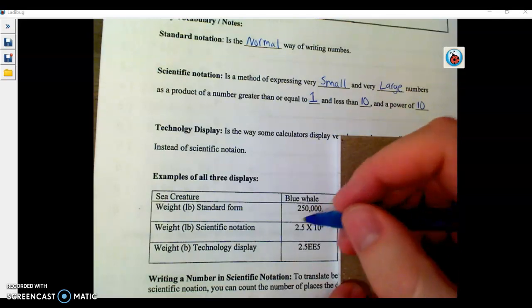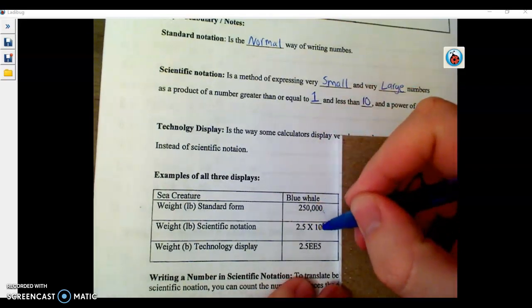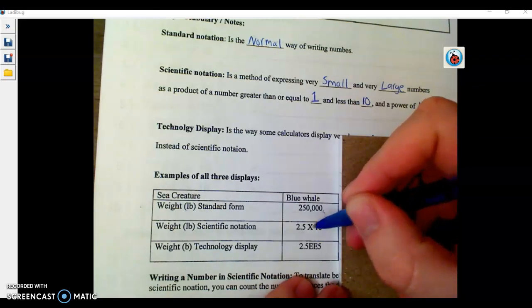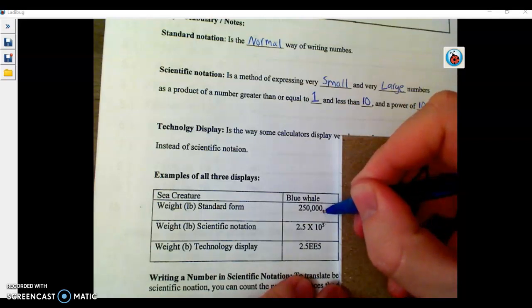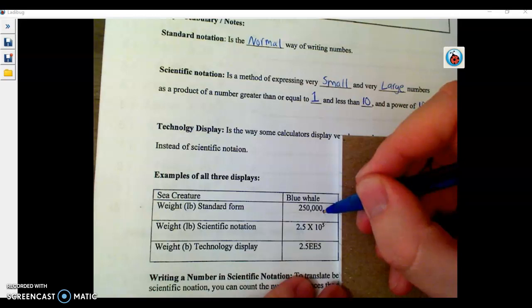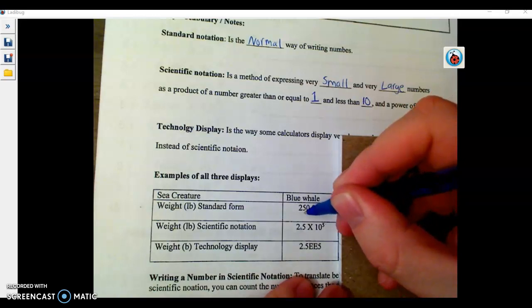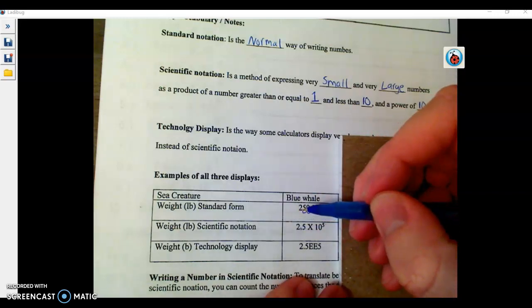One way to think of that 10 to the power of 5 is how many times you would have to move the decimal to get it to 2.5. There's a decimal typically right here. If I move this decimal 1, 2, 3, 4, 5 times, it would put it at 2.5.